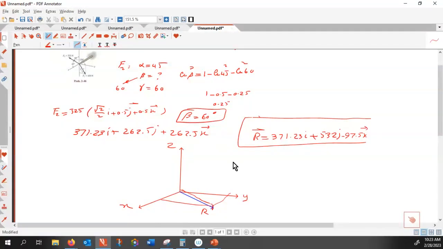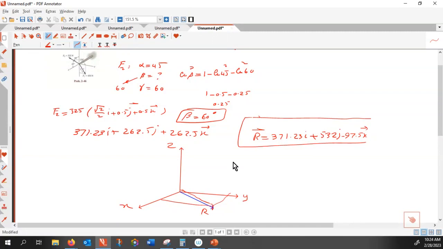But if there are more than two vectors, the best way of combining them is breaking each force into their Cartesian components, and then all x components are added like scalars, y components like scalars, z like scalars. And depending on what you have, if the components are given, you can work out the resultant and the direction. If the vector and its direction are given, you can break that into the components.